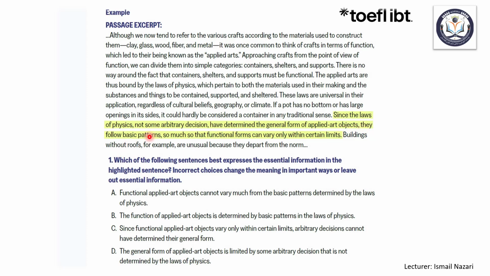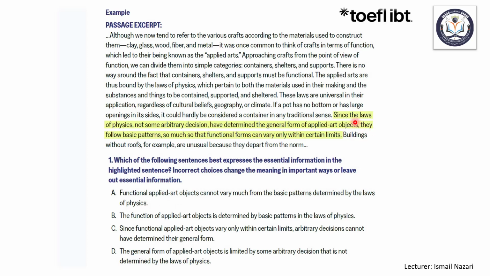They follow basic patterns, so much so that functional forms can vary only within certain limits. It means these functional applied art objects cannot change, cannot vary. Okay, why? From the basic patterns, because they're determined by the laws of physics.